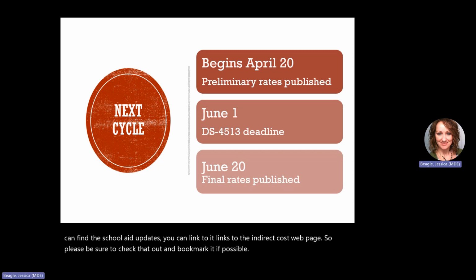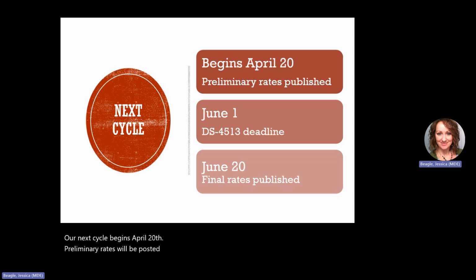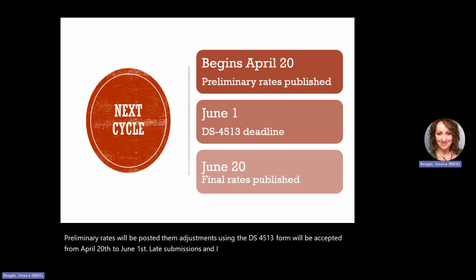Our next cycle begins April 20th. Preliminary rates will be posted then. Adjustments using the DS 4513 form will be accepted from April 20th to June 1st. Late submissions, and I cannot stress this enough, late submissions are not accepted.